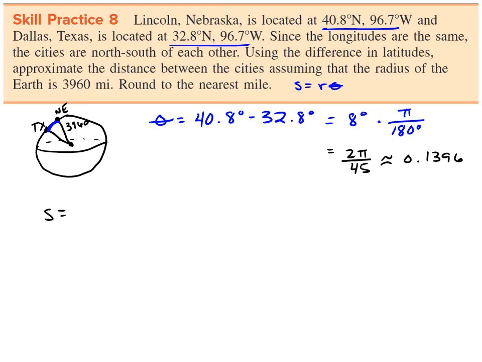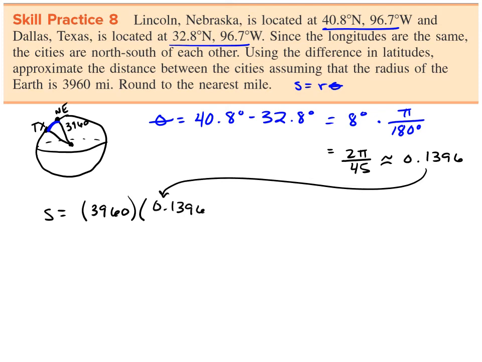So applying the formula, I know that S is equal to R theta. We know the radius of the Earth is 3,960, and I'm going to multiply it by this value here. And I want to be careful, because if I round this value here, my final answer may be off slightly because of all the rounding throughout the problem.